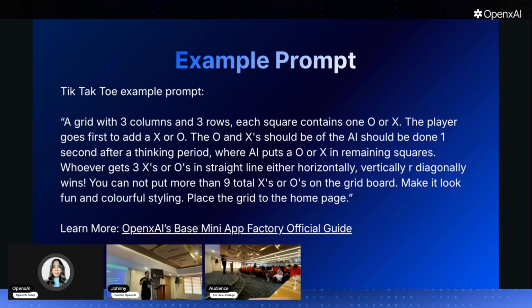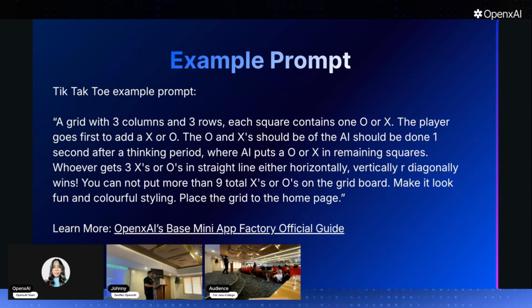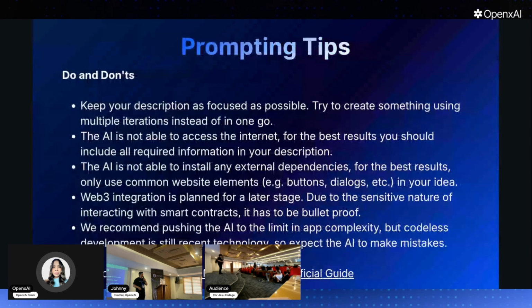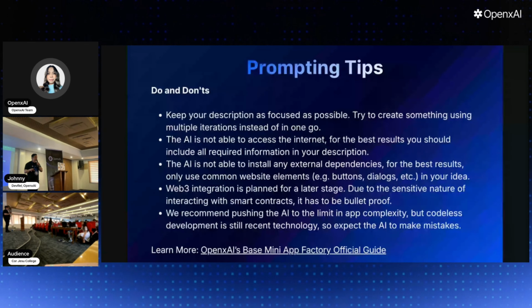So obviously having 3 in a row or up and down or diagonally. And then what happens at the end? Like, does it restart? Do I just get a congratulations screen? So just try and add those things into the prompt. So again, for your prompting, just keep it very simple and focus on describing what the app is and the rules.